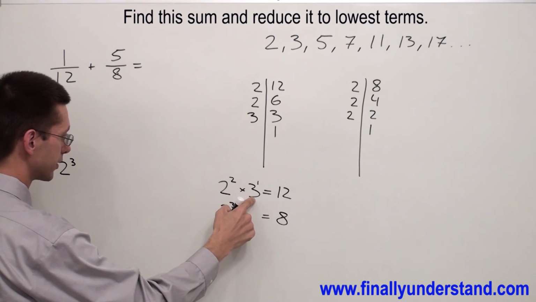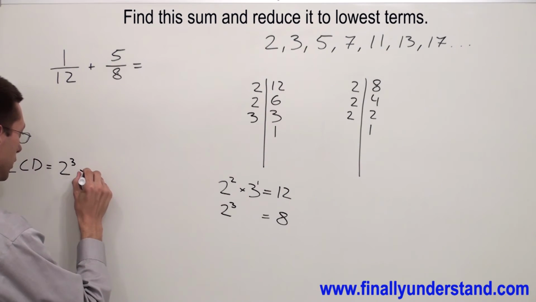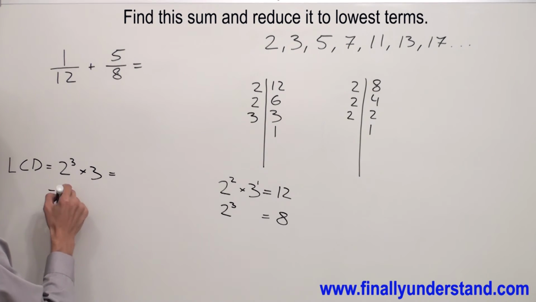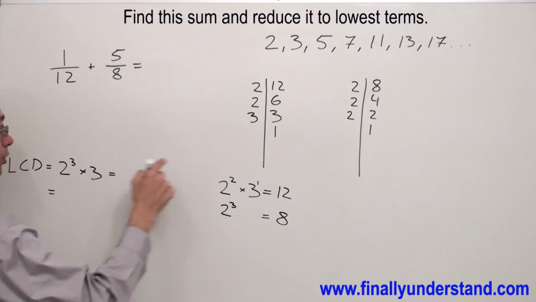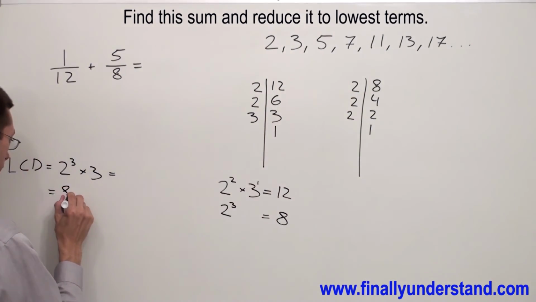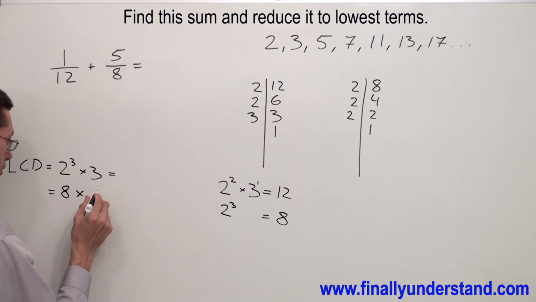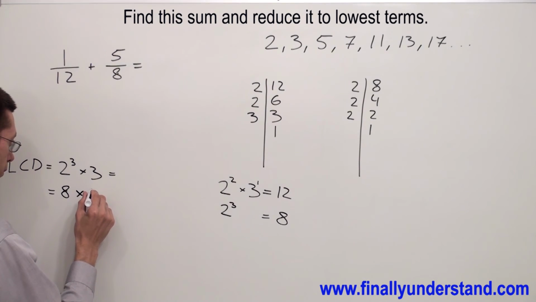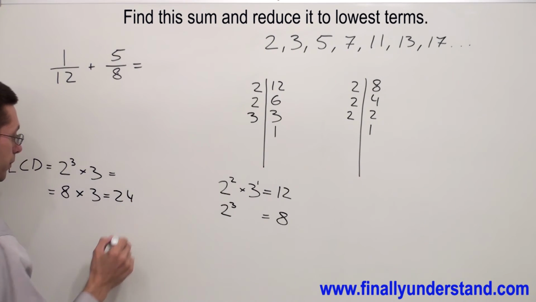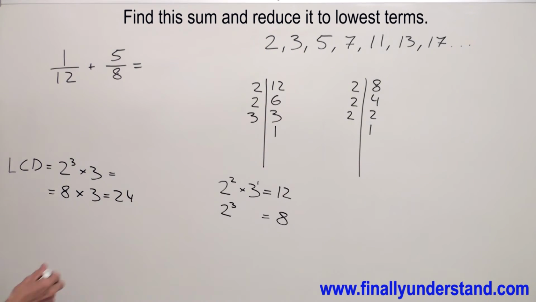And in this case I have no choice, I have to take 3. In other words, 2 to the third, we said 2 times 2 times 2, is 8. 8 times 3 is equal to 24. This is my common denominator.